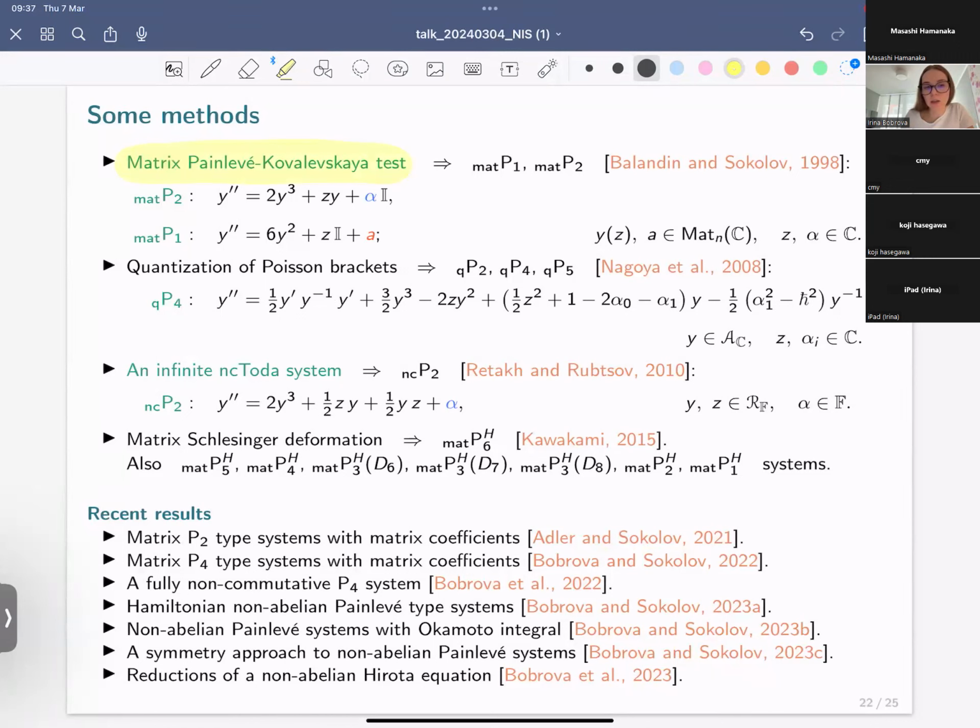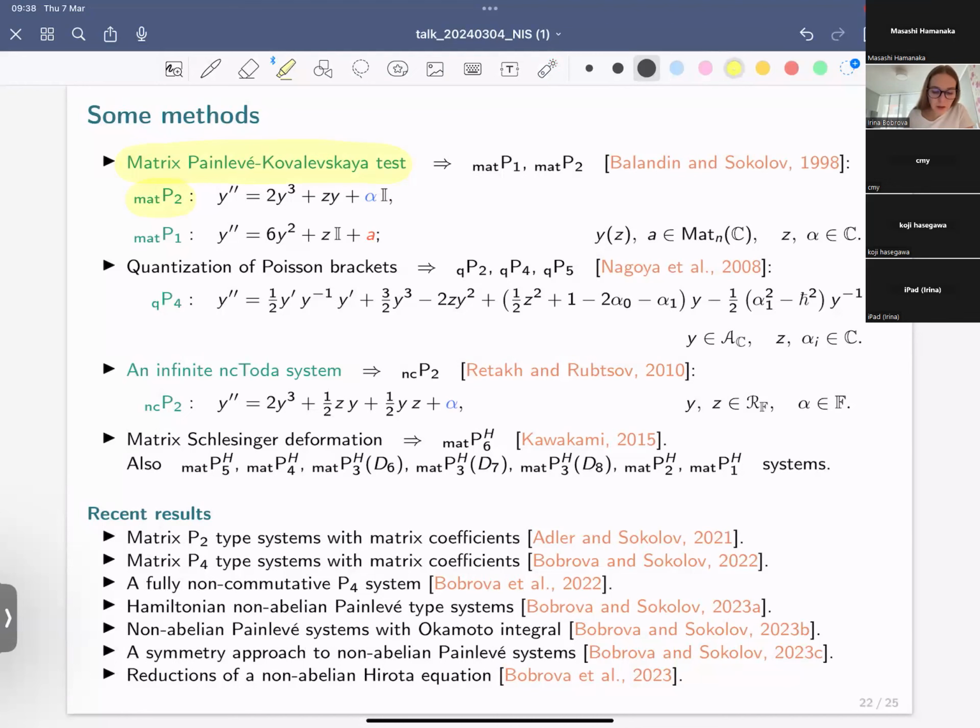So we can study solutions of matrix ordinary differential equations, and by this so-called Painlevé-Kovalevskaya test, we can derive matrix analogues for the Painlevé equations. In particular, matrix Painlevé-2 equation is given by this relation. It's also a second order, but here we have a scalar matrix.